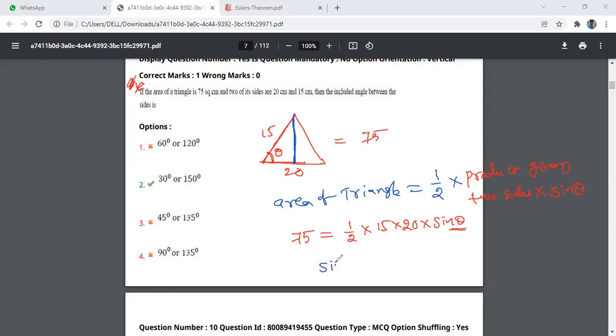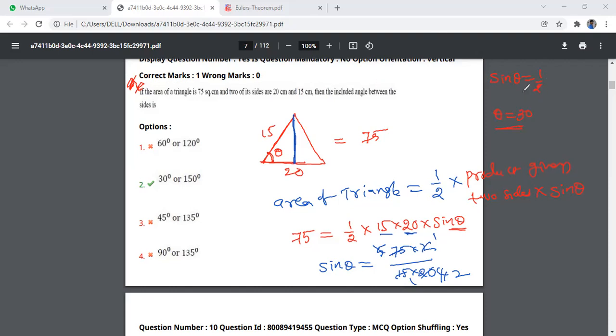So sine theta is equal to 75 into 2 by 15 into 20, which gives sine theta is equal to 1 by 2. When sine theta is 1 by 2, theta is 30 degrees.